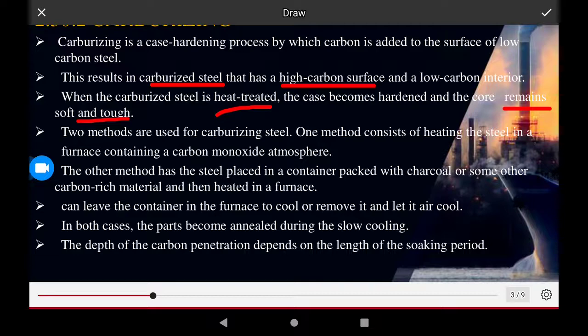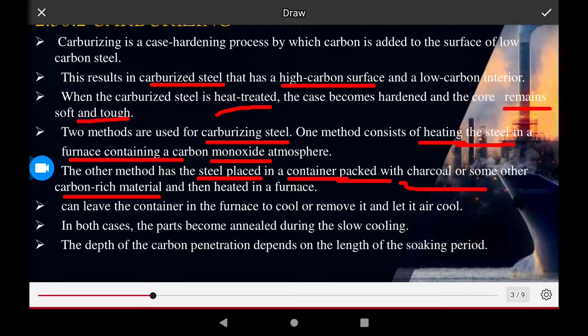There are two methods used in carburizing of steel. One method consists of heating the steel in a furnace containing a carbon monoxide atmosphere. The other method has the steel placed in a container packed with charcoal and some other carbon rich material.